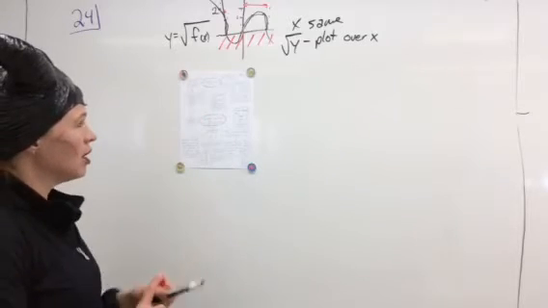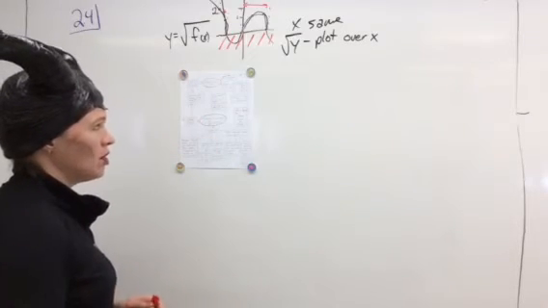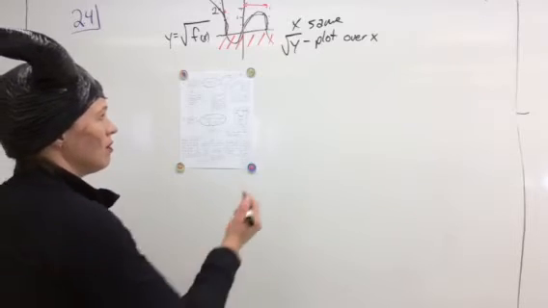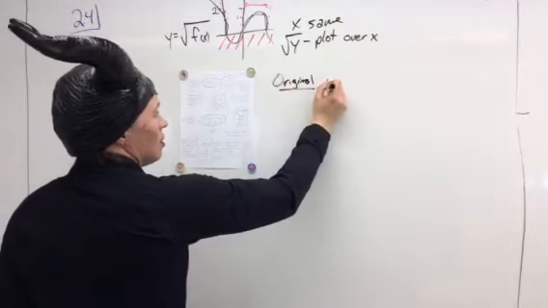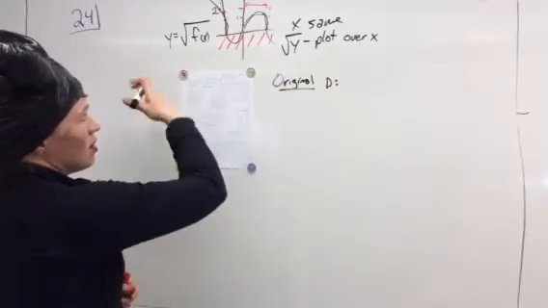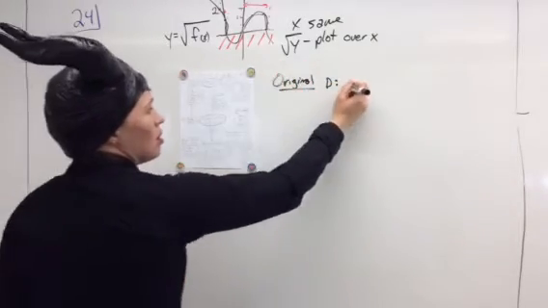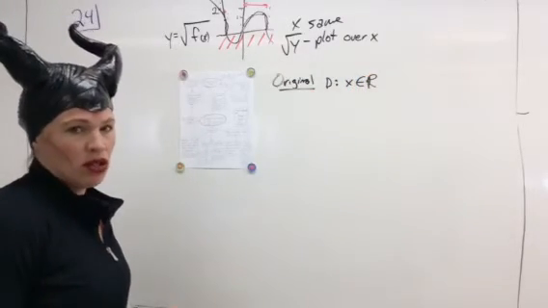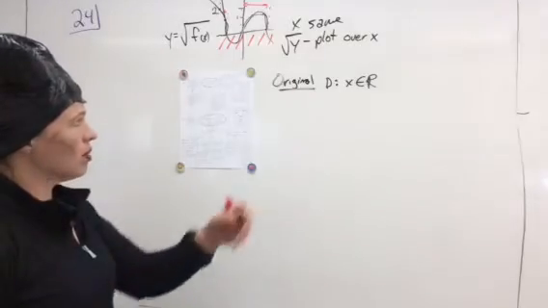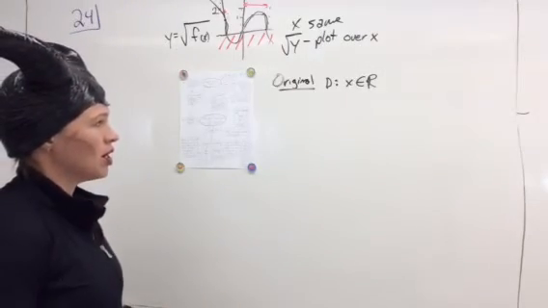So that's basically the beginning of this bit here. It talks about how domain and range may differ from the original graph. On this one, the original domain is all points, so x is in the realm of R because there were no limitations. It just keeps going in the horizontal direction.